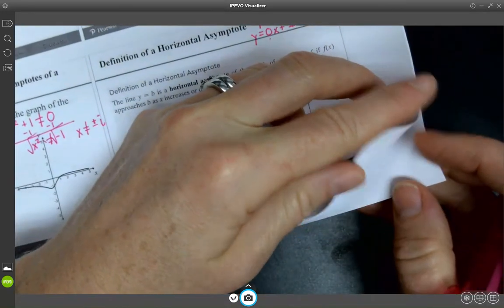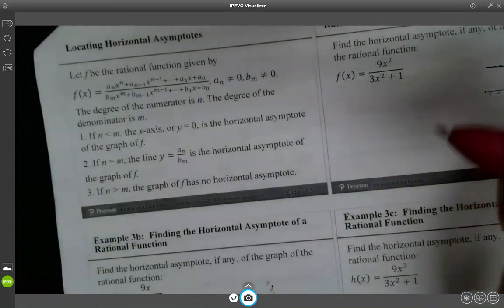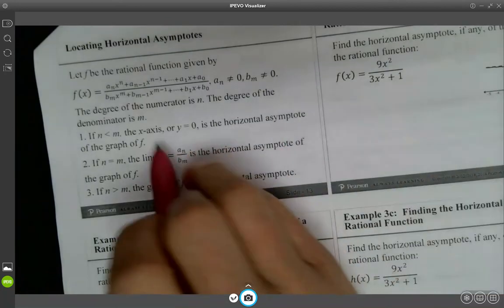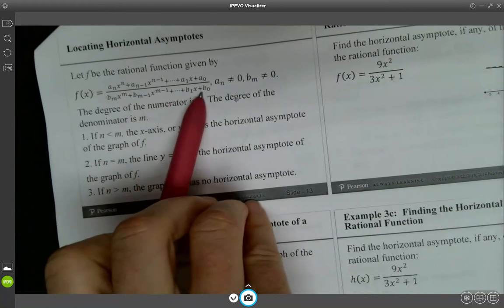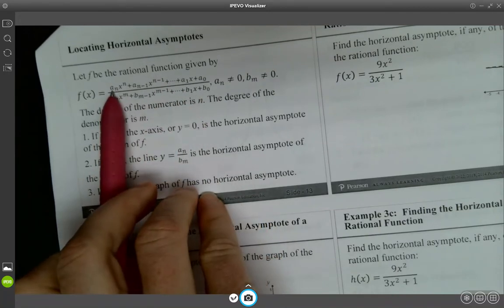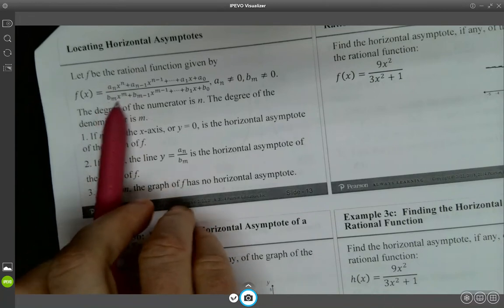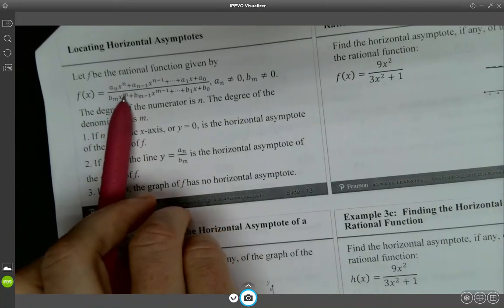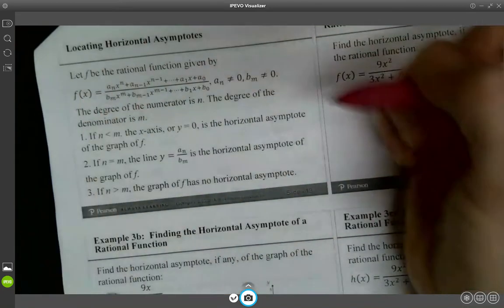So let's look at our horizontal asymptotes and how to find them. Here are the instructions. Here's our function. We have two polynomials where a_n is not 0 and b_m is not 0, so our leading coefficients are not 0. This one has x to the n, and this one has x to the m.